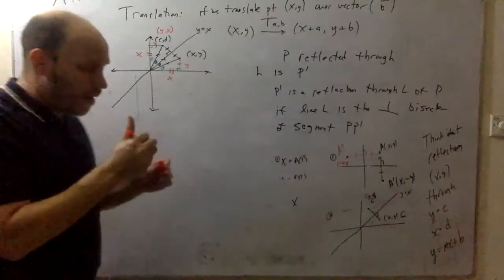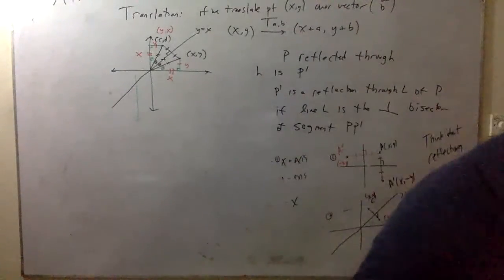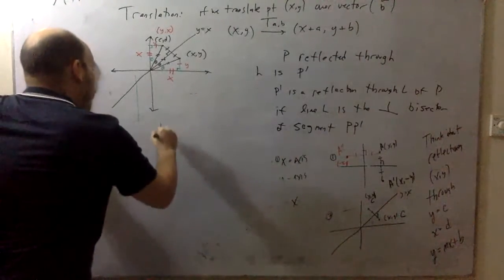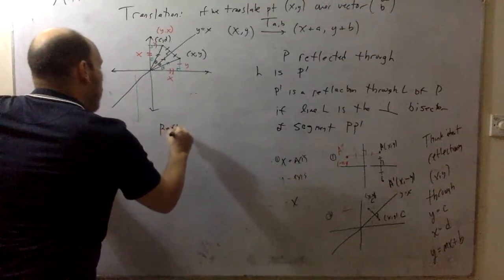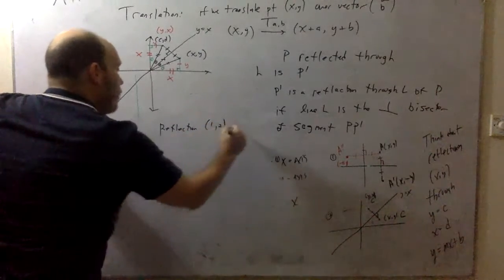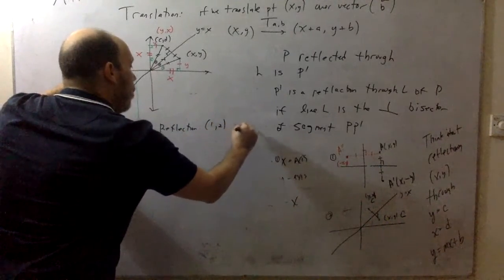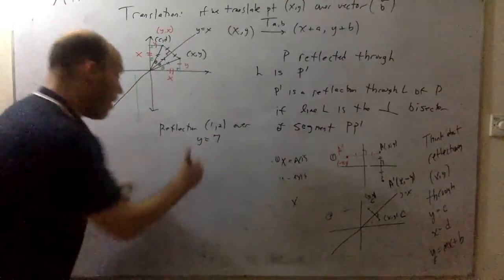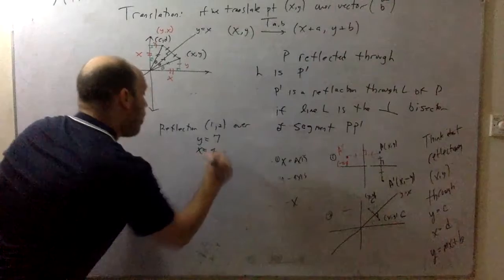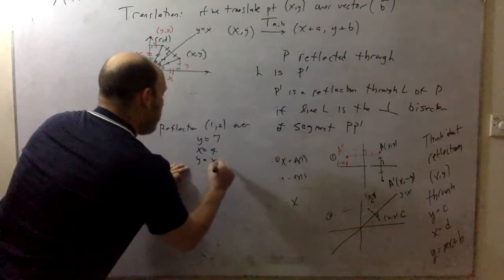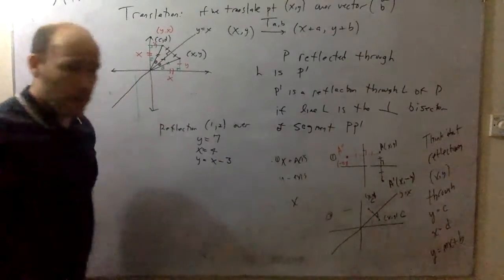Nice. Let's try a fun example. So, what is the reflection of the point (1, 2) over the line y equals 7, and x equals 4, and y equals x minus 3?